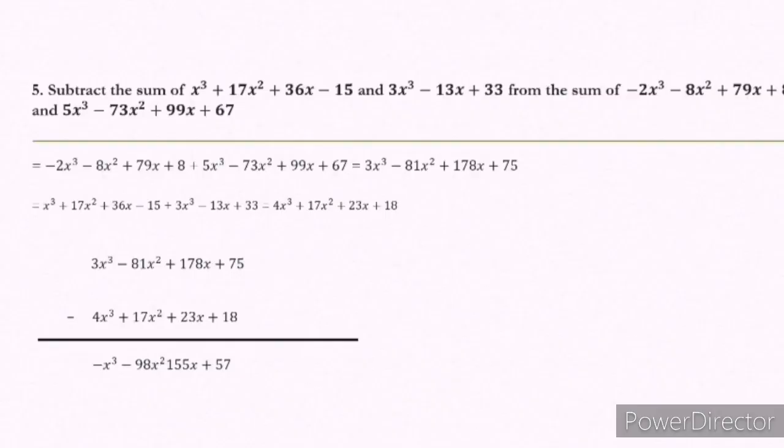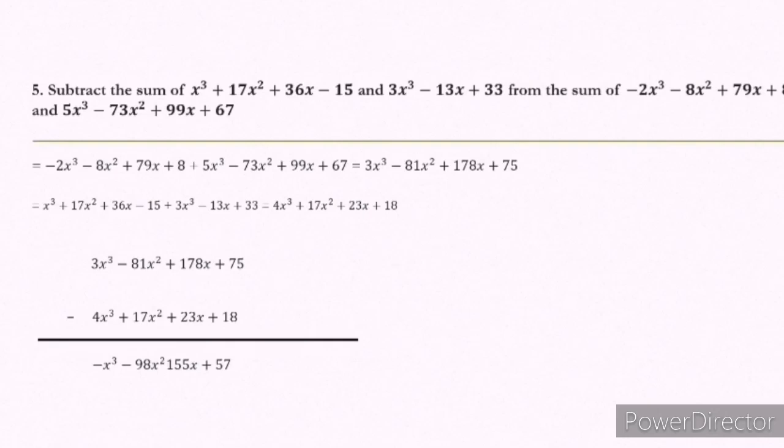Then negative 2x cubed minus 8x squared plus 79x plus 8 plus 5x cubed minus 73x squared plus 99x plus 67. We add these two and the answer is 3x cubed minus 81x squared plus 178x plus 75.